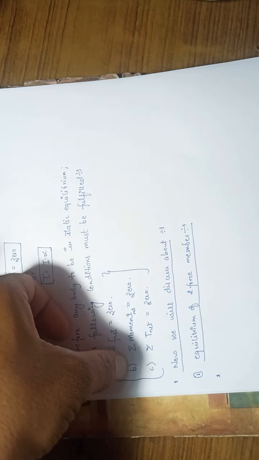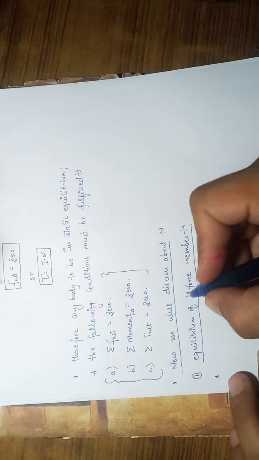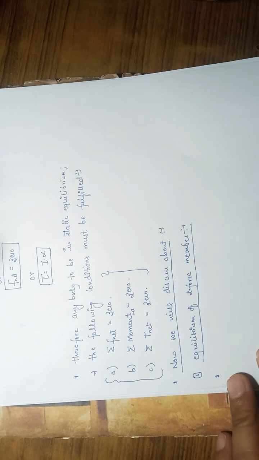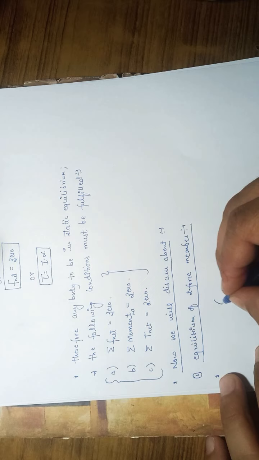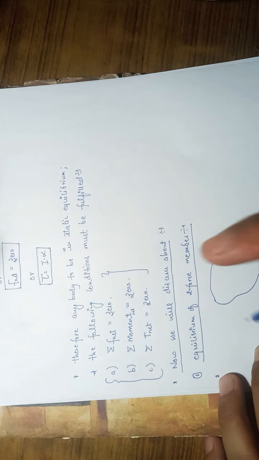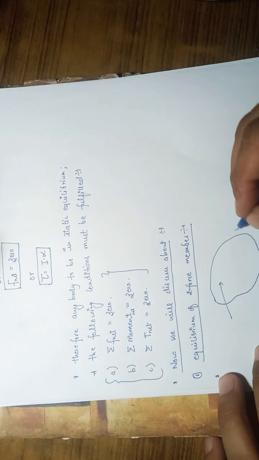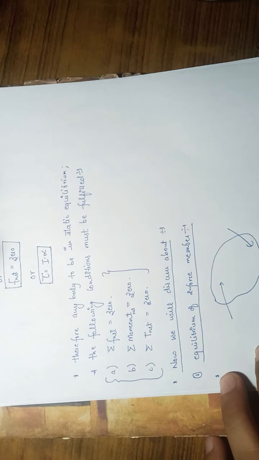Okay, then for any body, if there is any body and that body is under the action of two forces, for example there is any random body of any shape and size, and this body is acted upon by two forces. Let's suppose any force is acting in this direction and any force is acting in this direction, right?